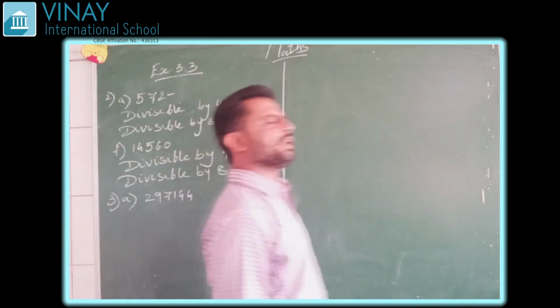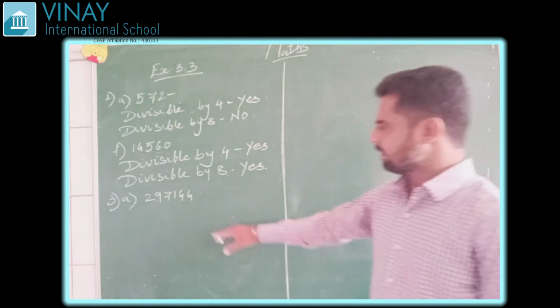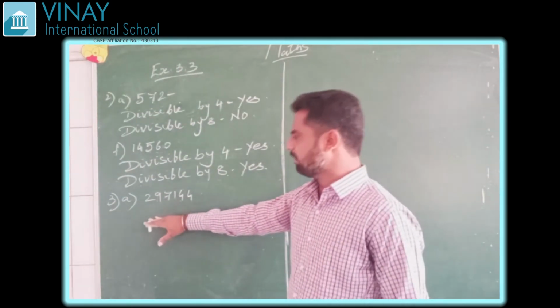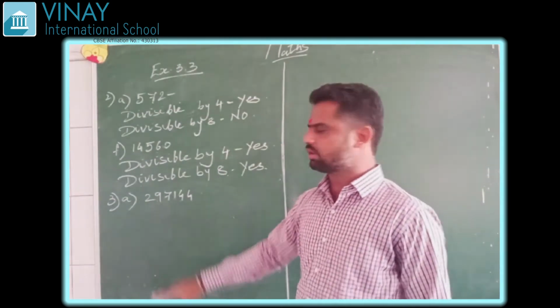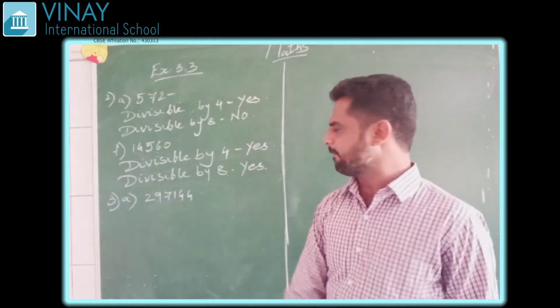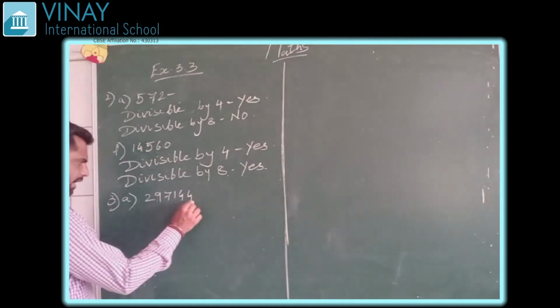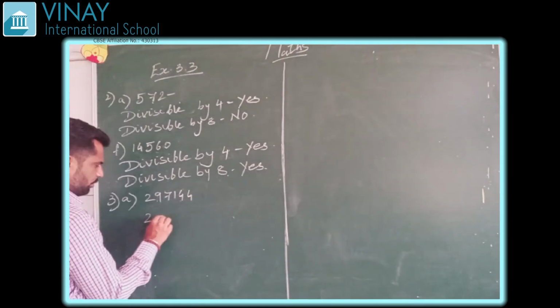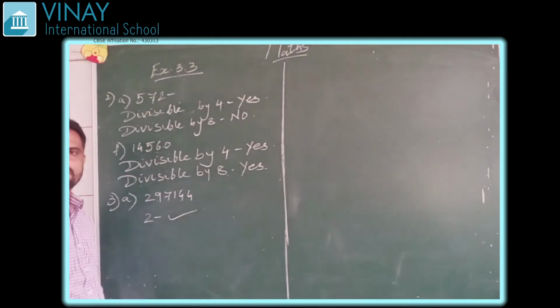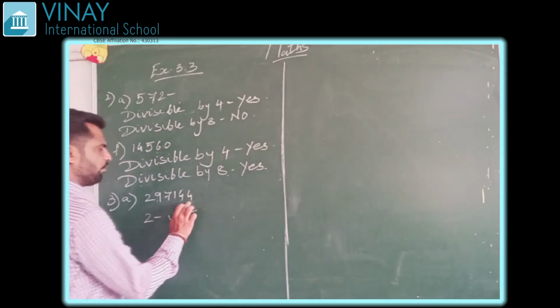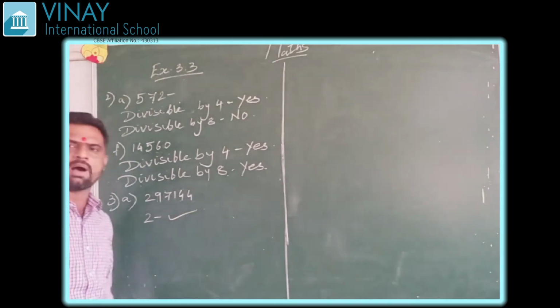If we recall divisibility of 6, if the number is divisible by both 2 and 3, then this number is divisible by 6. Here by 2, yes, it is divisible because the last digit is 4.